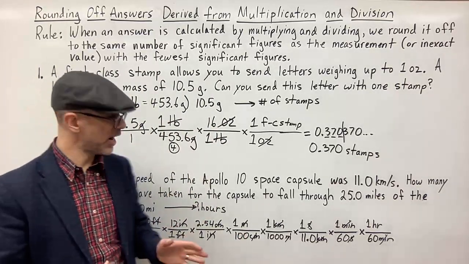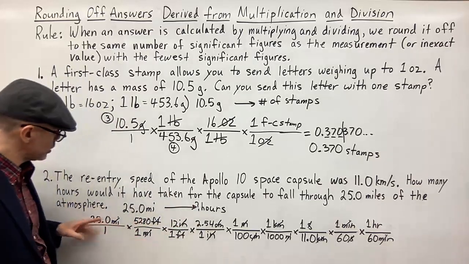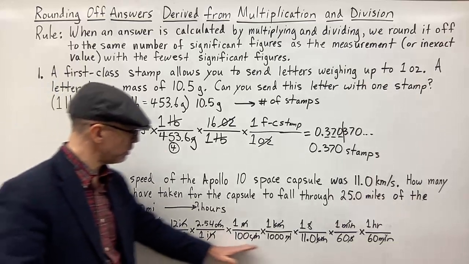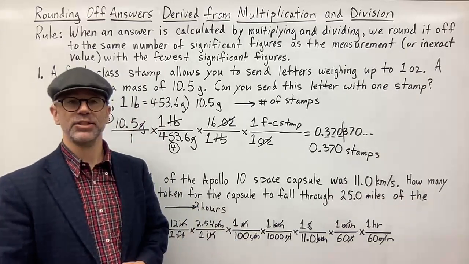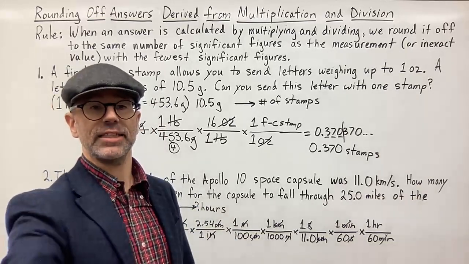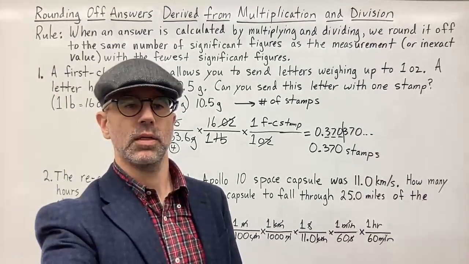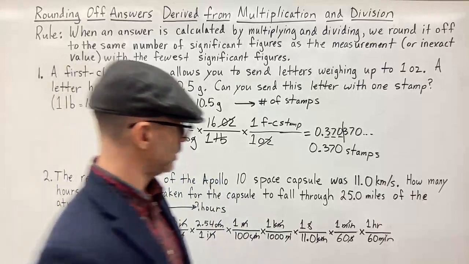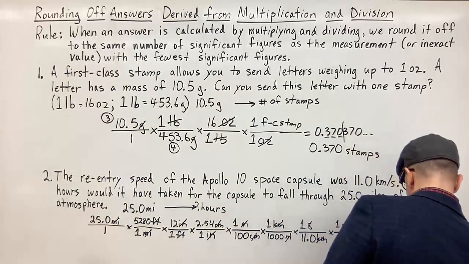No more conversion factors. So now all I need to do is multiply by everything on top, divide by everything on the bottom, and I should get my answer. So let's get the answer. The answer is 0.001016, I think.